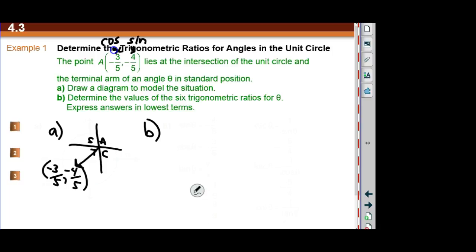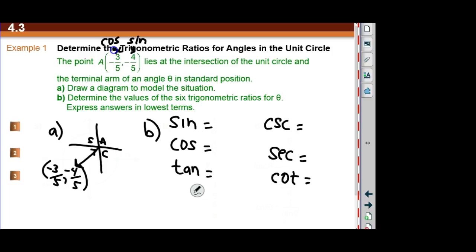So remember, the 6 trig ratios are sine, cos, tan, and then the opposite of sine is cosecant. The opposite of cos is secant, and the opposite of tan is cotangent. Okay, so we'll just go through them. These are the 3 ones that we're familiar with, and these are the opposites of them, so the reciprocal.